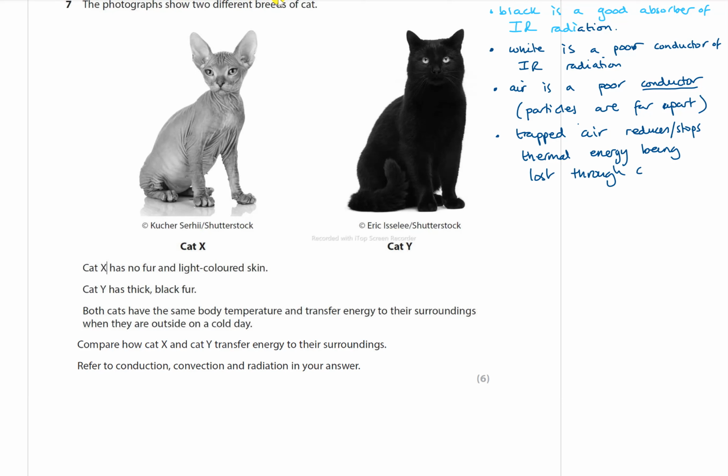How does it lose it? Through convection currents.